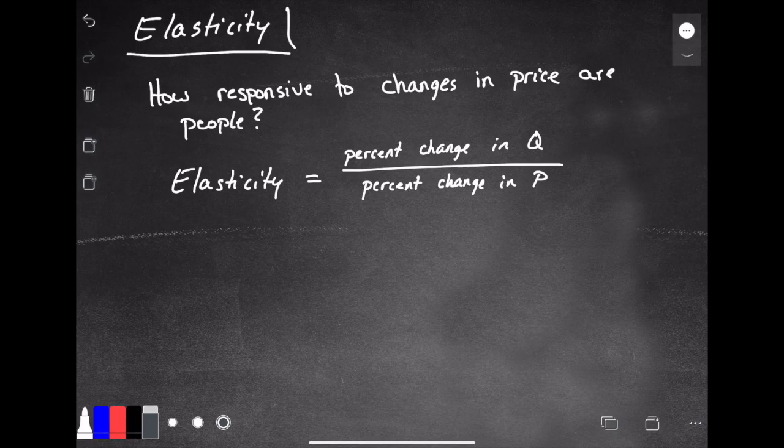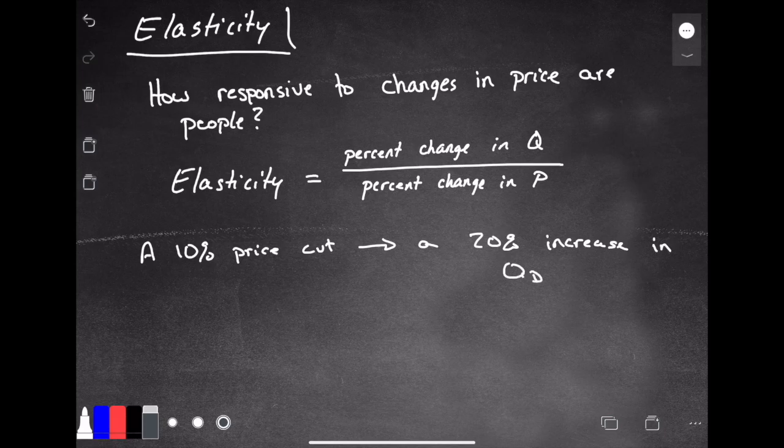So let's pretend that a 10% price cut leads to a 20% increase in quantity demanded. Well, we have the elasticity, which I'll just call E. In this case it is equal to 20% divided by negative 10%, which is equal to negative 2.